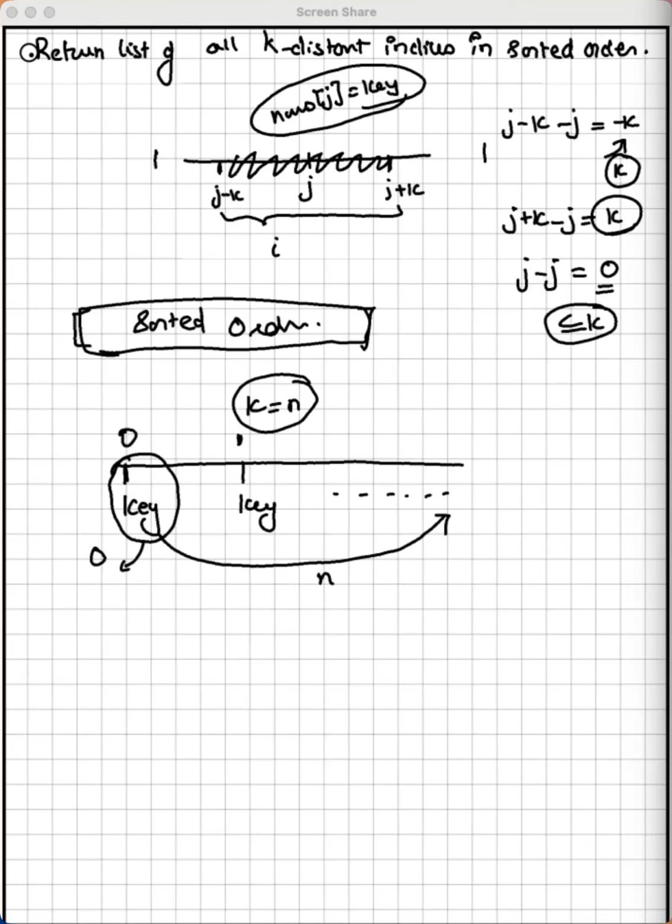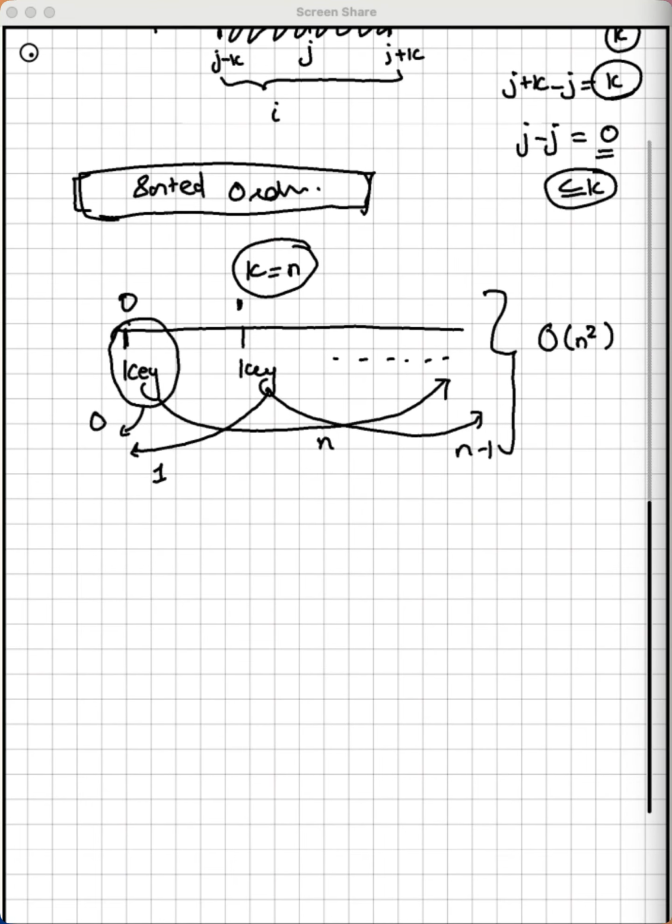But when I come to the first index, I can look forward n minus 1 and backward 1. I do this again and again because all of the values are key. So I end up with a time complexity of n squared because that many operations I'm doing.